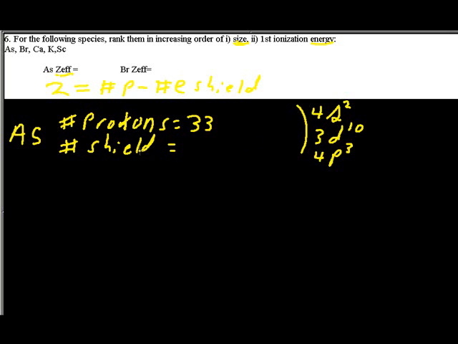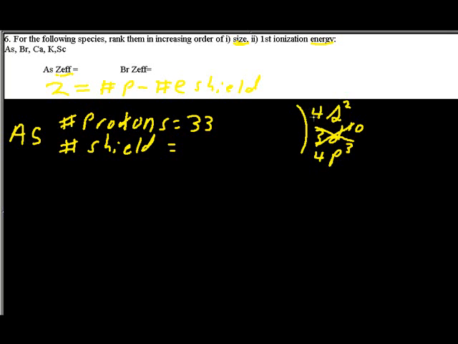Now we want to know how many electrons are shielding. D is at a lower energy level, so those electrons really are part of the core and therefore are part of the shielding that goes on. Now this is more difficult.